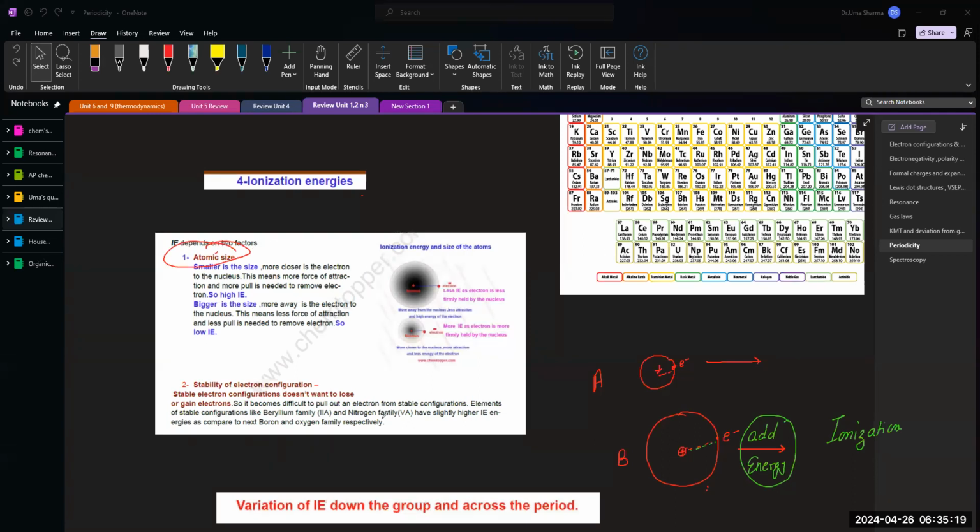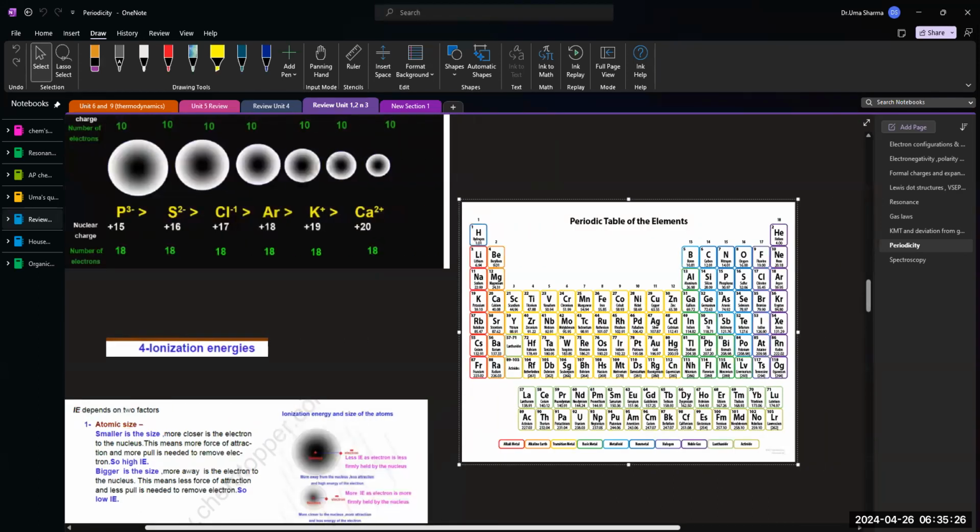So what happens to atomic size across the period and down the group? Yes. So what happens to atomic size across the period? Are you writing atomic size or ionization energy?